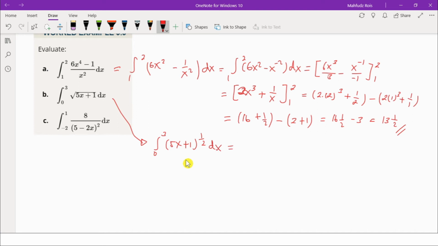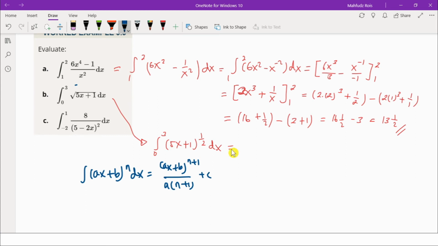This one is simpler than before, so if you still remember this formula, the integration formula of ax plus b to the n dx, it will be ax plus b to the n plus 1 over a times n plus 1, plus c.